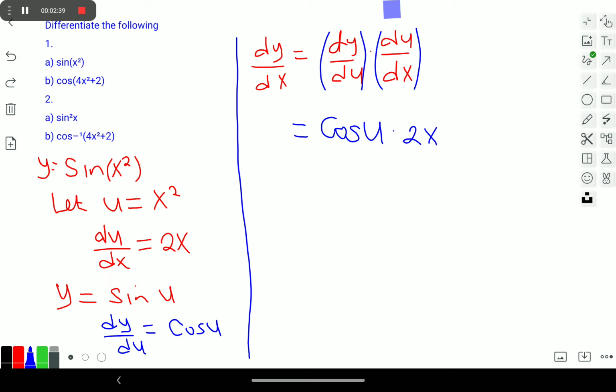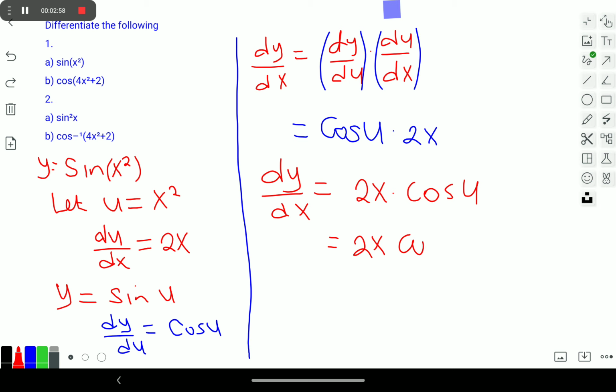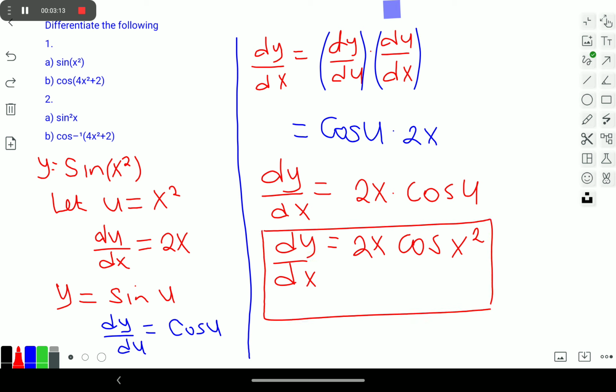So we get our answer, dy/dx will be equivalent to 2x times cos u. But what is our u? We know it is x squared. So this is the derivative of sin x squared.